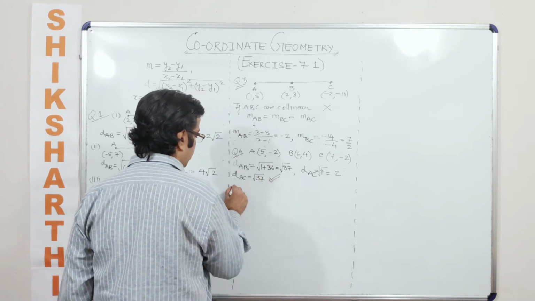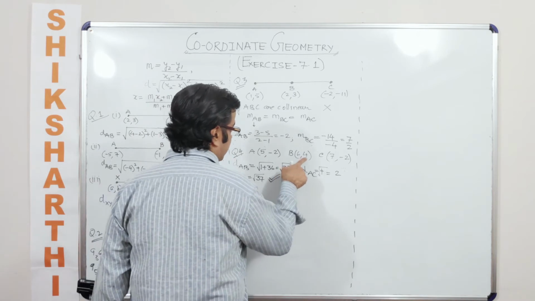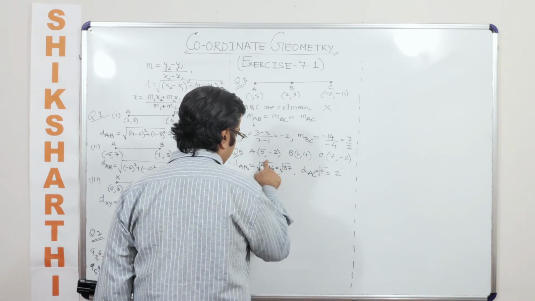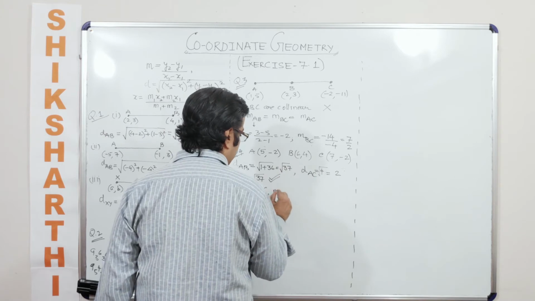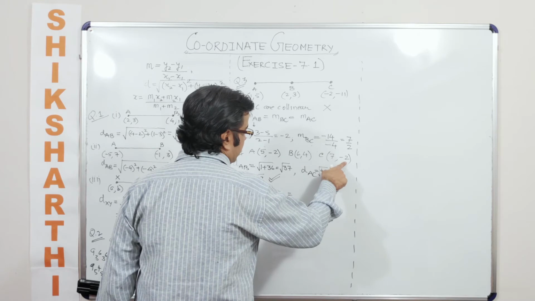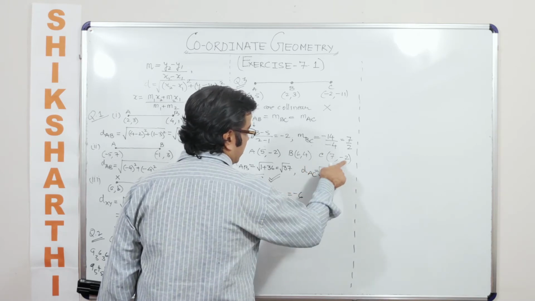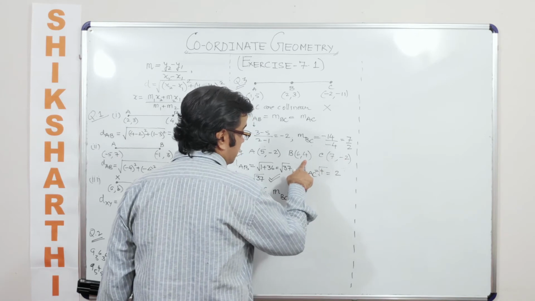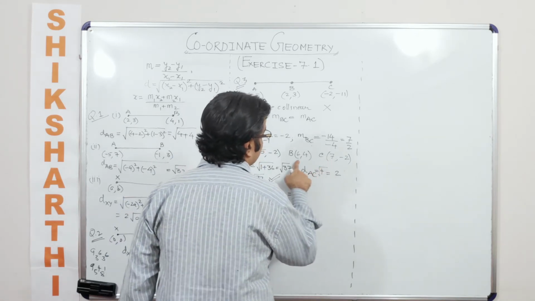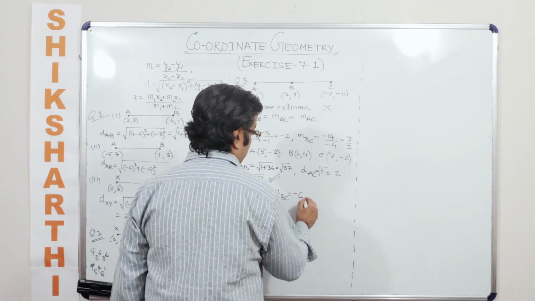Now let me use the slope formula. What is the slope for AB? The slope for AB is y2 minus y1, which is 6, divided by x2 minus x1, which is 1. Similarly, the slope of BC is y2 minus y1, which is minus 6, divided by x2 minus x1, which is 1.